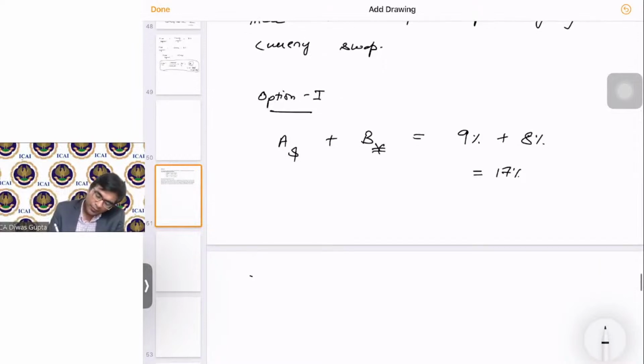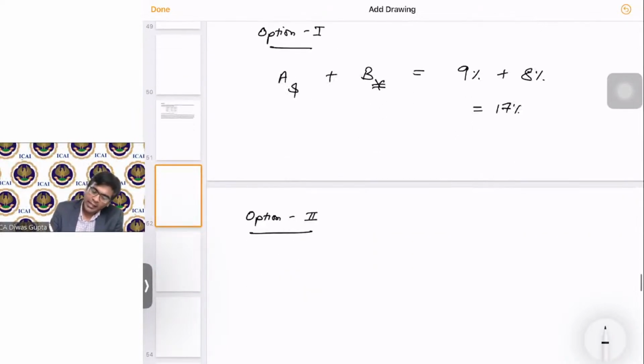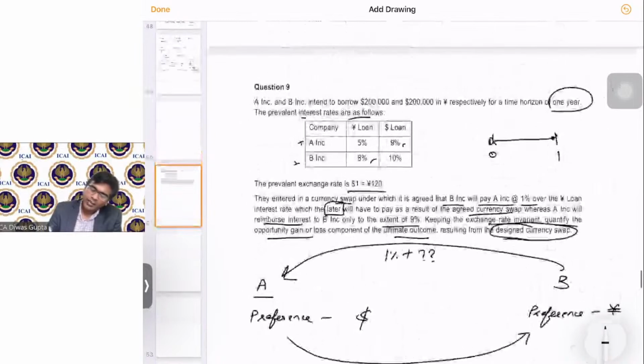Option 2. Under option 2, let A borrow in yen and B borrow in dollars. Ultimately, A will end up paying 5% and B will end up paying 10%.